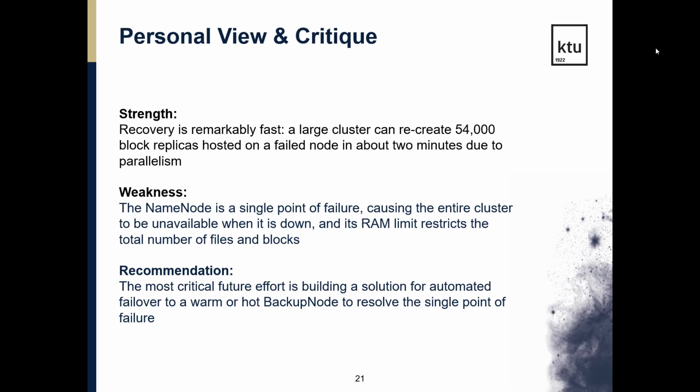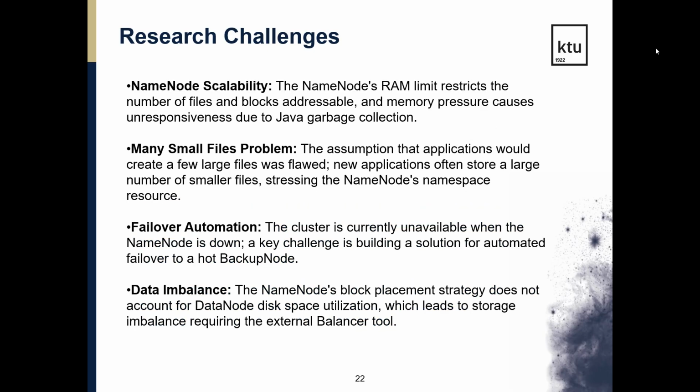And even when the NameNode is broken down, we need to wait for it to recover. My recommendation is to have a backup NameNode, so that even if the main NameNode fails, we can use that as a replacement. Okay, now we are going to see the research challenges.